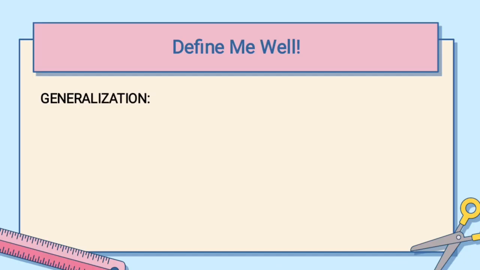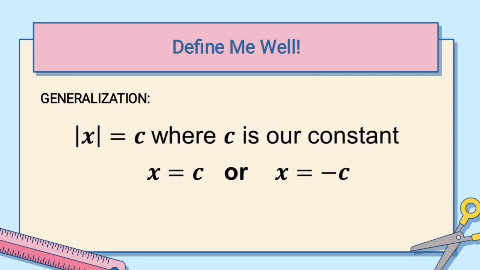Okay, let's have some generalization based on the example I have given a while ago, the example 1 and example 2. So, the absolute value of x is equal to c, where c is our constant. Now, the possible values will be x is equal to c or x is equal to negative c.